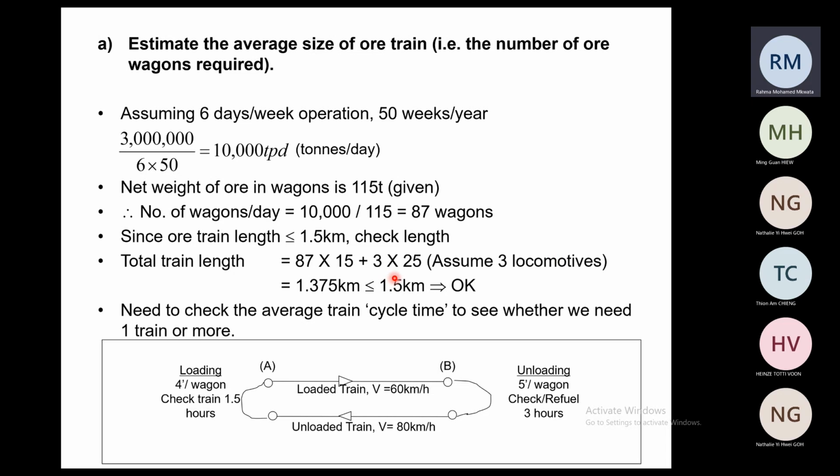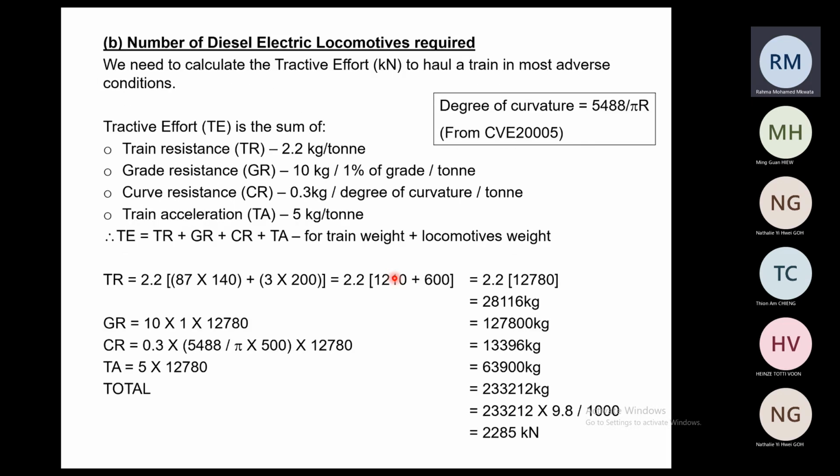Not only that, you also need to recalculate your tractive force, because 4 locomotives will change the tractive effort, or the resistance will change. Everything here will change. So it's a trial and error, or iterative, process.